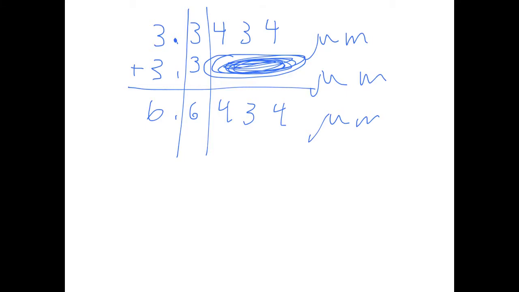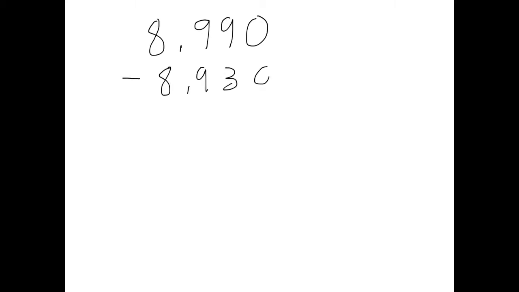Specifically, if we look at a couple examples here, these were a couple emailed to me by a student. I have 8.990 minus 8.930. Now, in this case, they both have the same number of decimal places, so their least place value is the same right there.